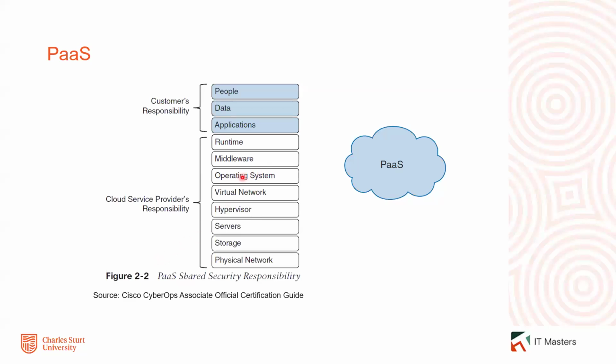The only thing I would say with that is some implementations of platform as a service, particularly inside the Amazon stable, the customer can also opt to take responsibility for the operating system as well, so down to this layer here. But more typically, they will not take that responsibility. It will simply be the users, the data, the applications, and the patching, security, and access control surrounding those three entities for platform as a service.